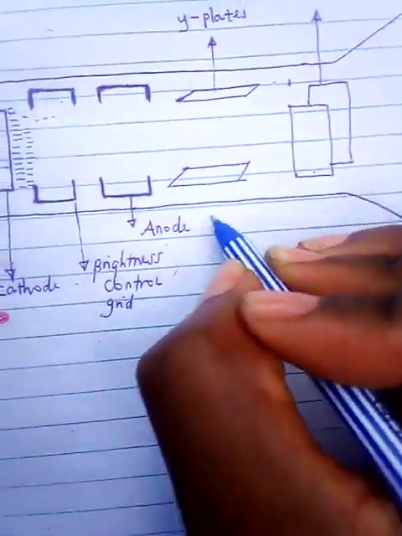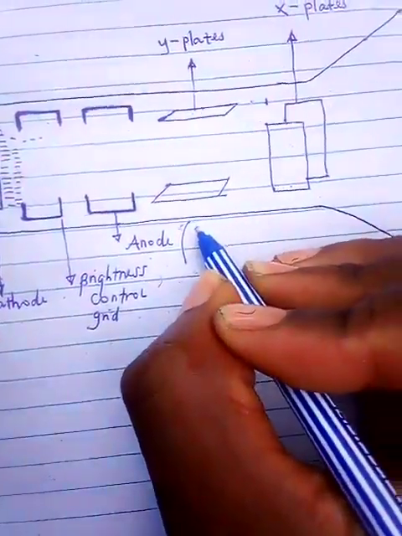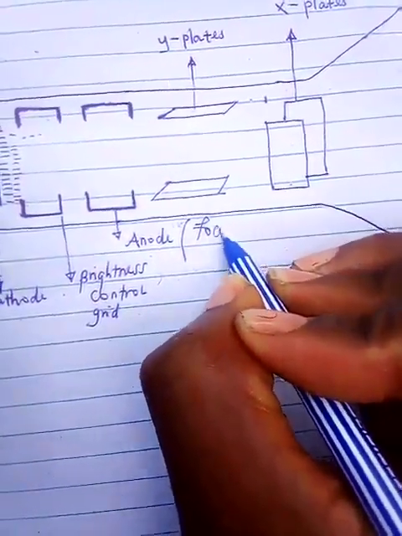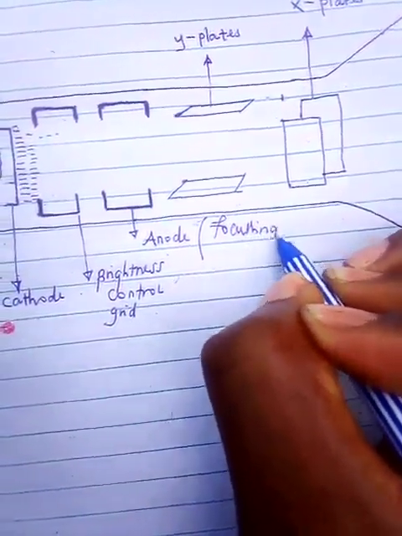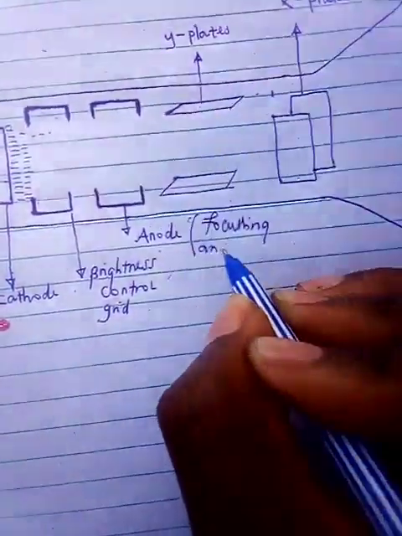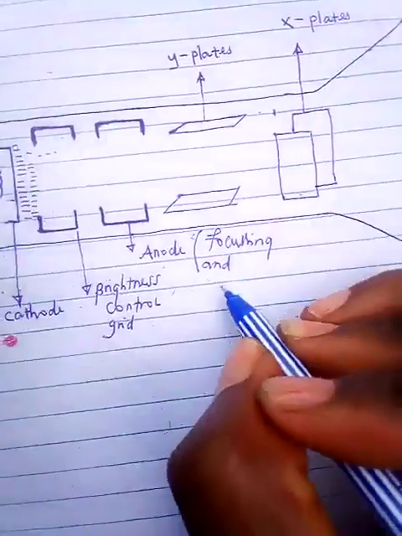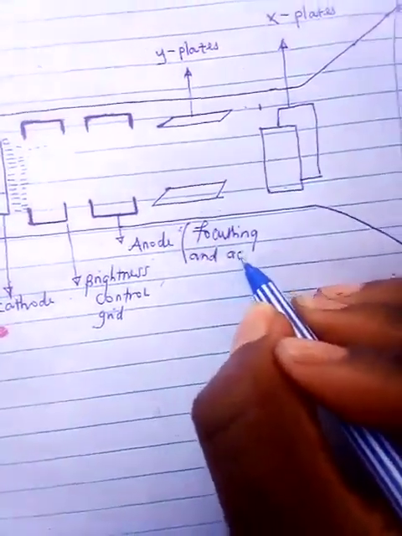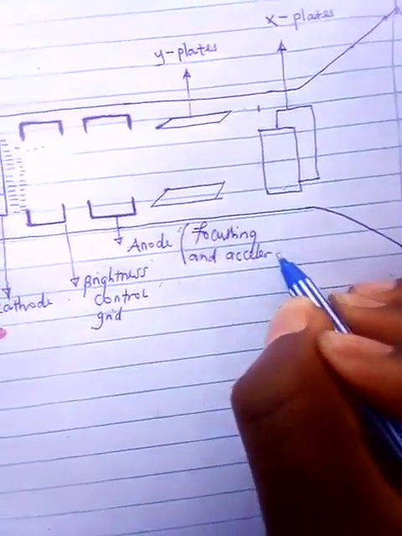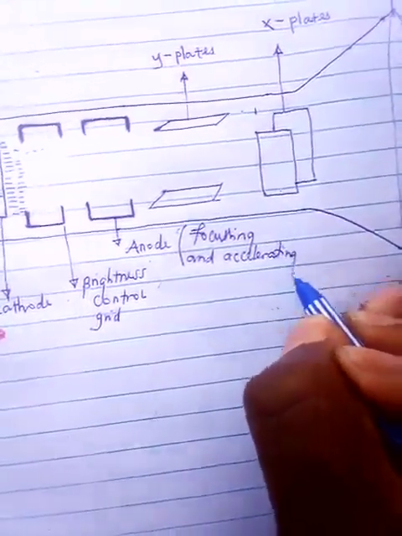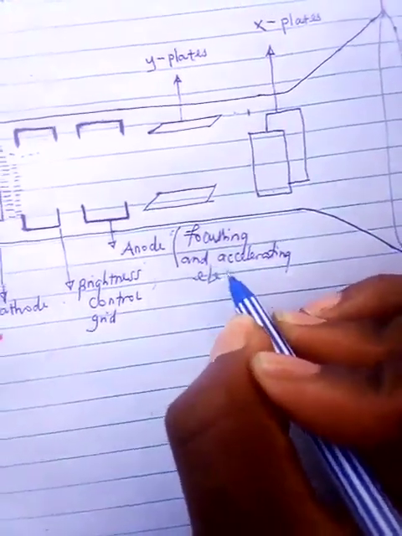It is for this reason that the anode can also be called the focusing and accelerating electrode.